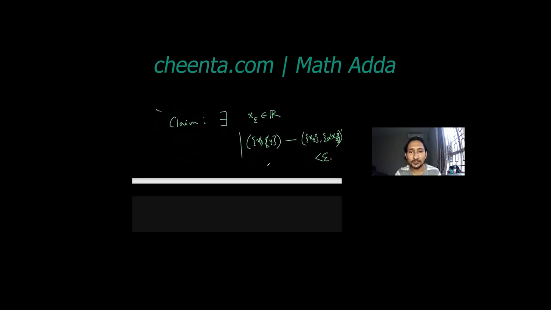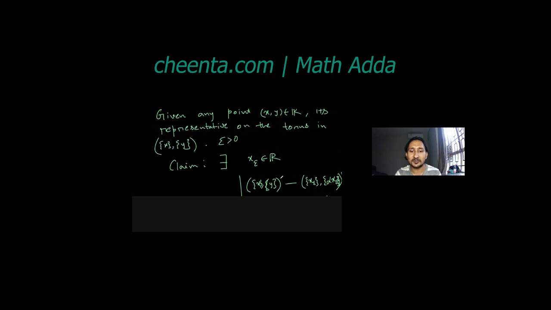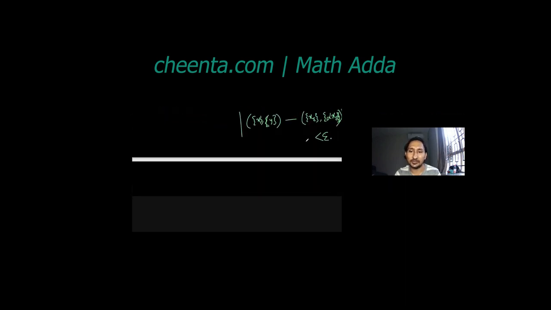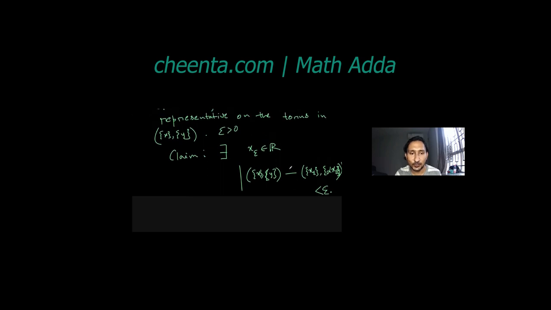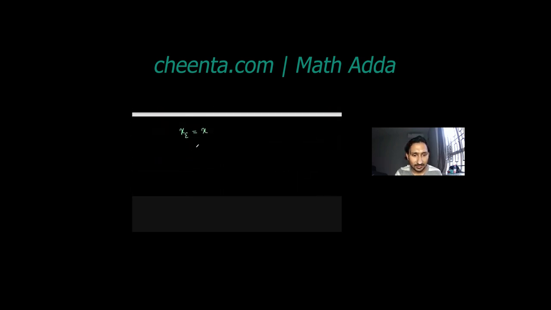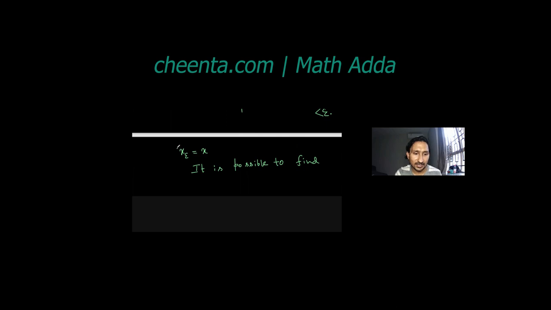I think to make our life easier, we can start by assuming that x_epsilon is actually equal to x. I think what we should assume is that the fractional part of x_epsilon is the fractional part of x.